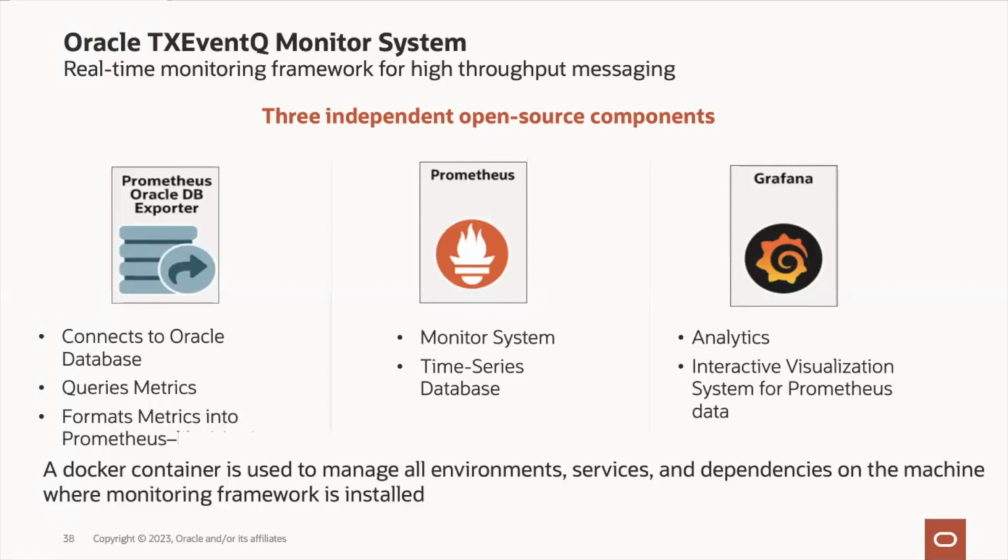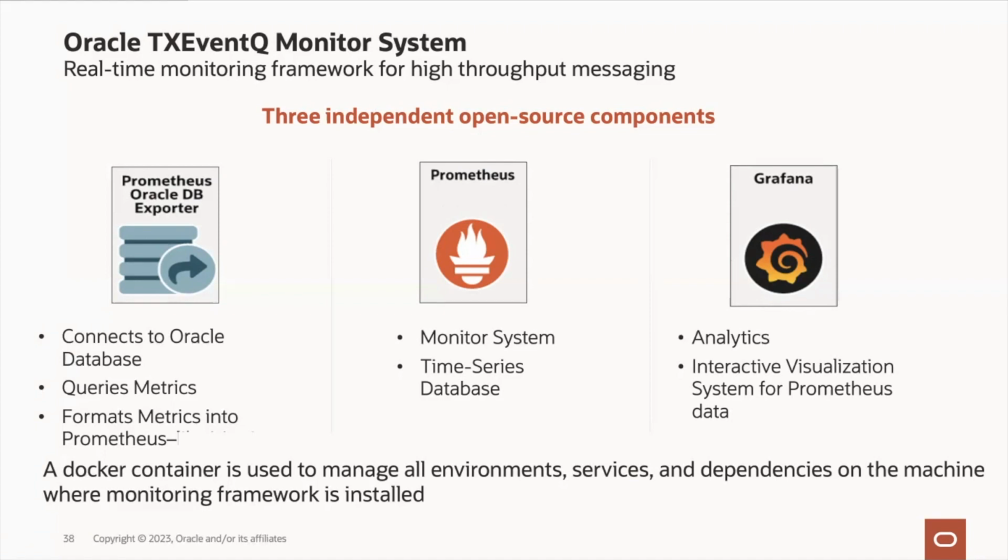So based on this architecture, the Transaction Event Queue Monitor System, first available in Oracle Database 21c, consists of these three independent open source components. The Oracle Database Exporter, which is a Prometheus exporter for Oracle Database that collects metrics and formats them into Prometheus-like metrics.